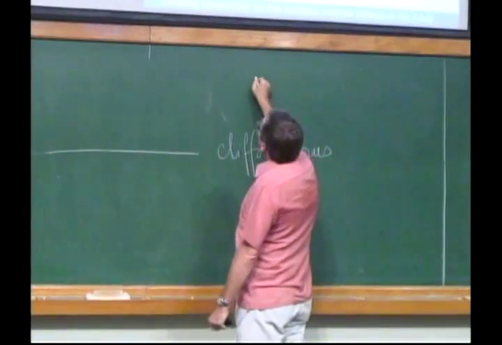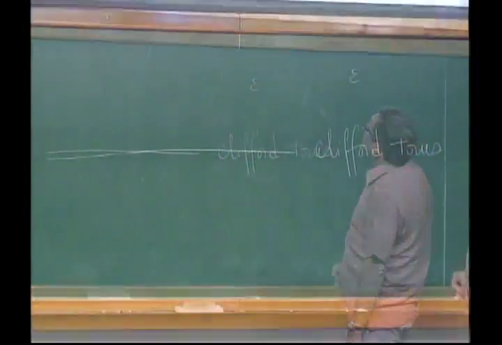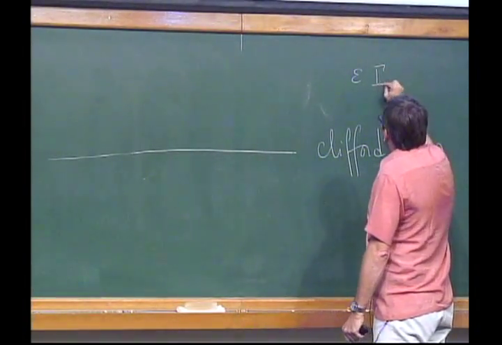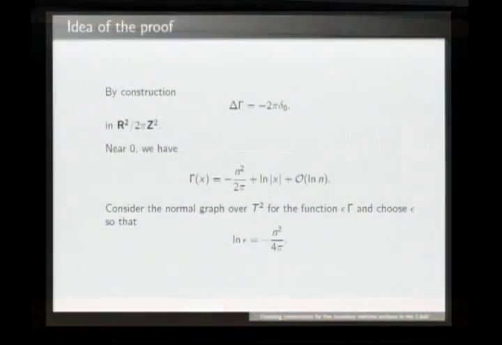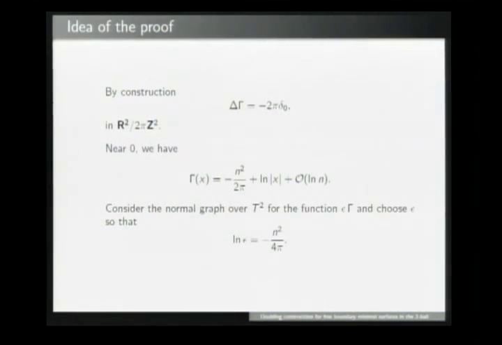And then what I do is that I look at the graph of epsilon times gamma. Okay, and so if you look at the graph of epsilon times gamma, then again there is a, I'm sorry, all my signs are wrong. I changed all the signs and now they are all wrong. So here there is a minus.